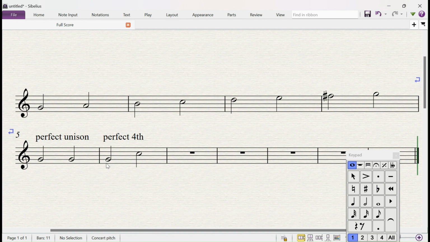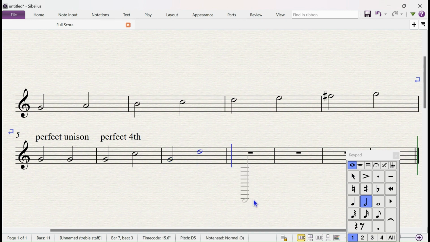So where else do we get perfect? We get perfect on the fifth. So if the bottom note is G, and you know that is a fifth away, and you always check your interval from lowest to highest, and the upper note belongs to the scale of the lower note, then that is also going to be perfect.